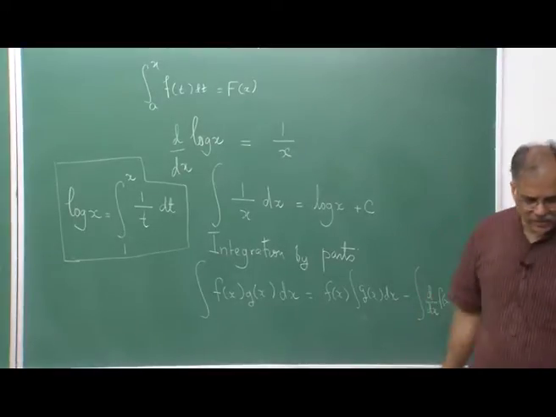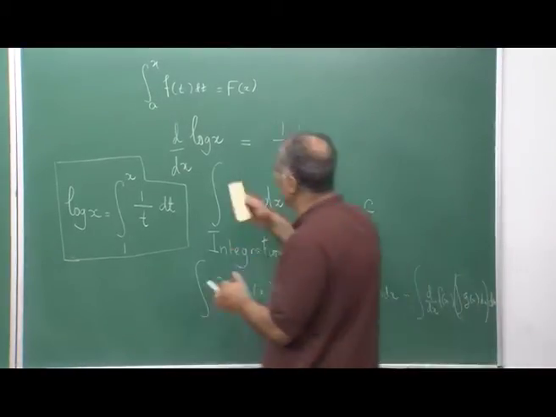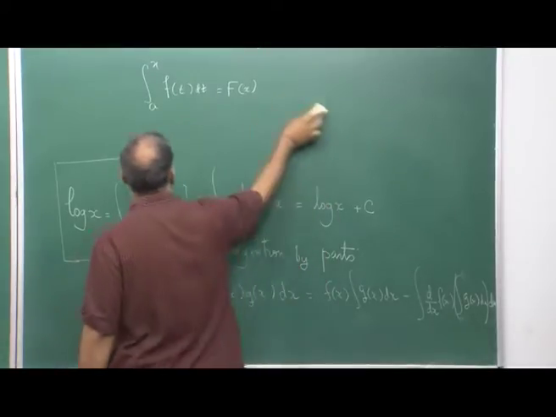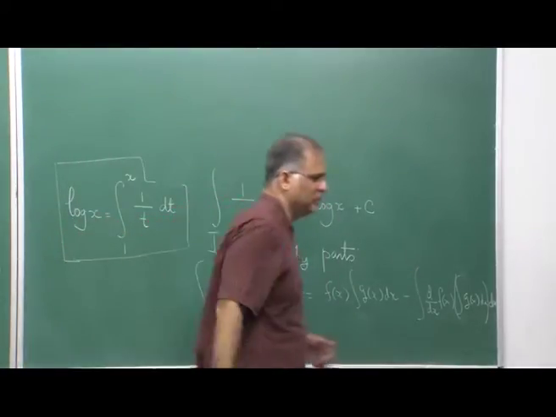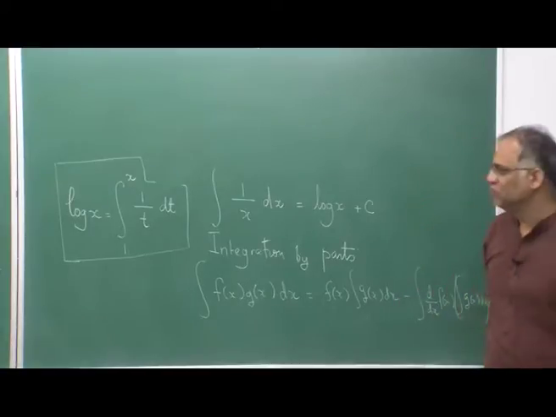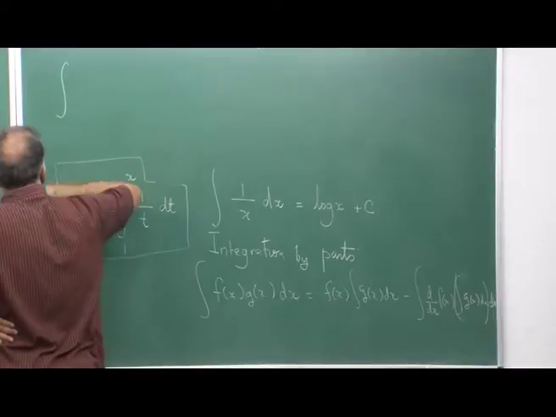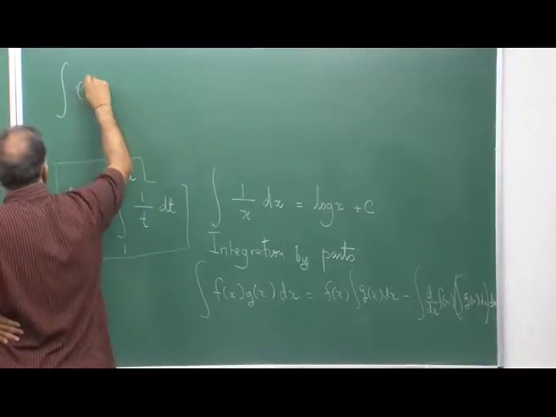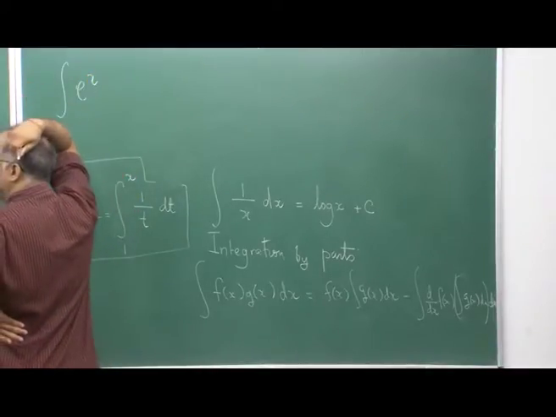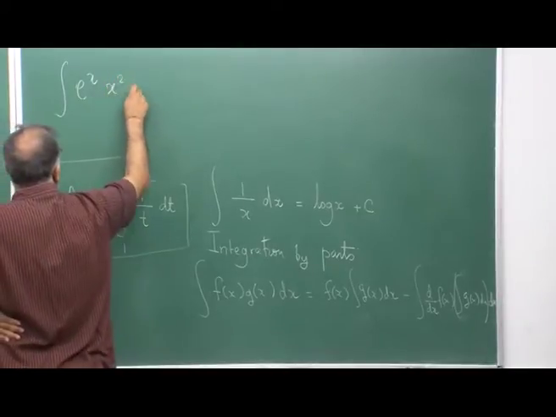For example, if I take an arbitrary function, if I remember my own younger undergrad days, I think I learned this in high school, but say e to the power x, x square dx. So, let us see.